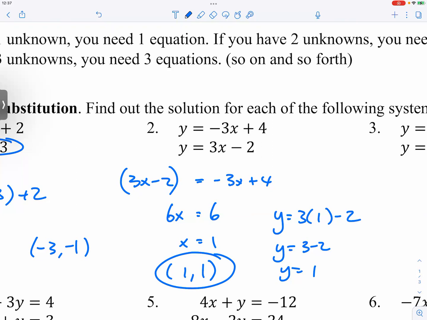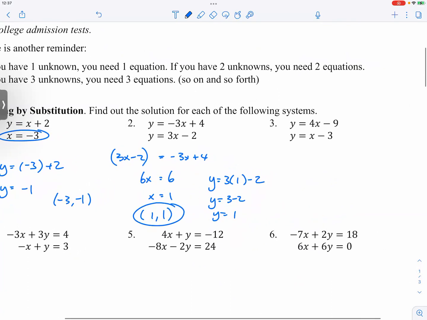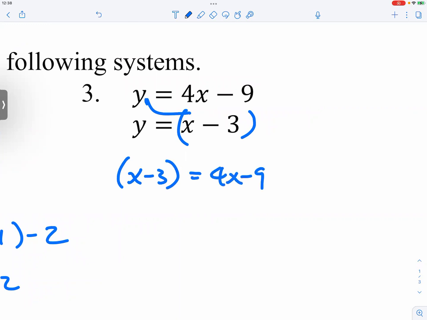Okay. All right. Now go ahead and try number 3 yourself. So for number 3, you can substitute this over here. So x minus 3, 4x minus 9. Now, if you say, can I not use parentheses here? I give you a little bit of leeway because it doesn't have much impact since it's y by itself.